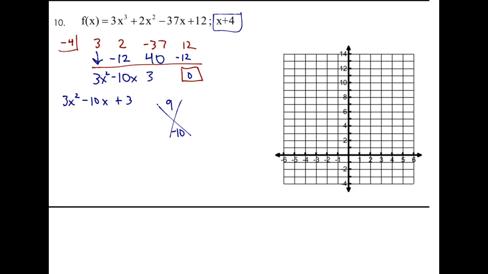Two numbers that multiply to give me 9, and then add or subtract to give me a 10. It's got to be 9 and 1, right? So I got a -9 and a -1. -9 times -1 is a +9. -9 plus a -1 is -10. So we have x minus 9, x minus 1.